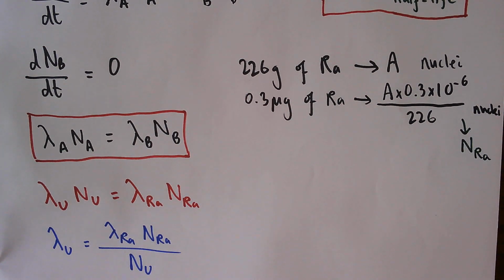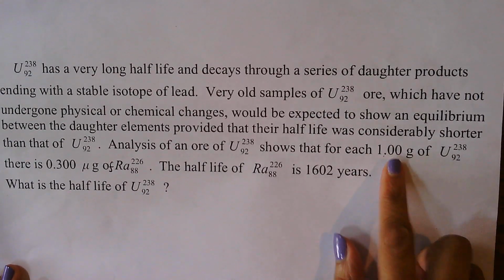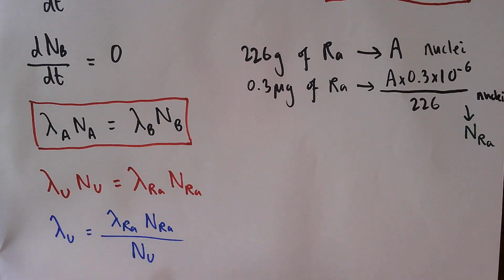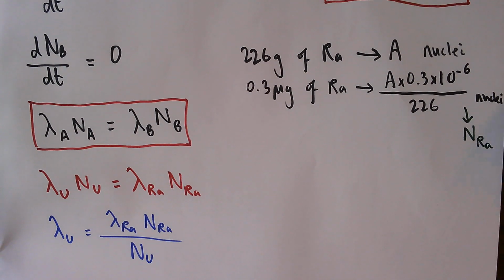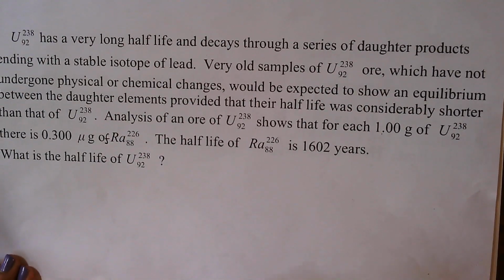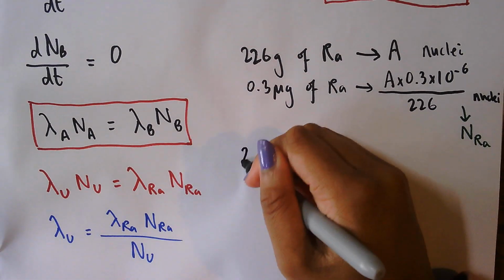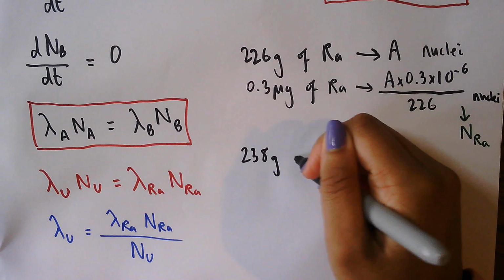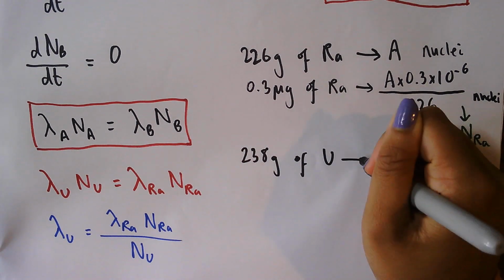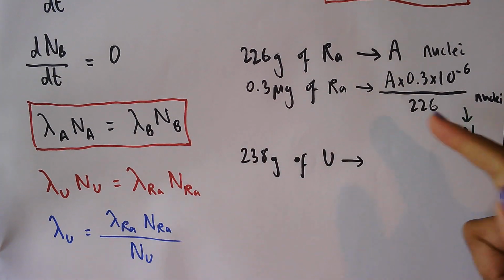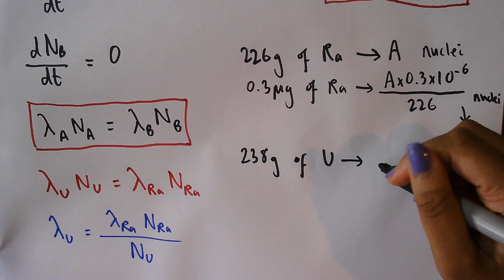And similarly we can work out how many uranium nuclei there are in 1 gram, so the value of N U. The question tells us the mass number of uranium is 238. So we know that 238 grams of uranium has Avogadro's number of nuclei.